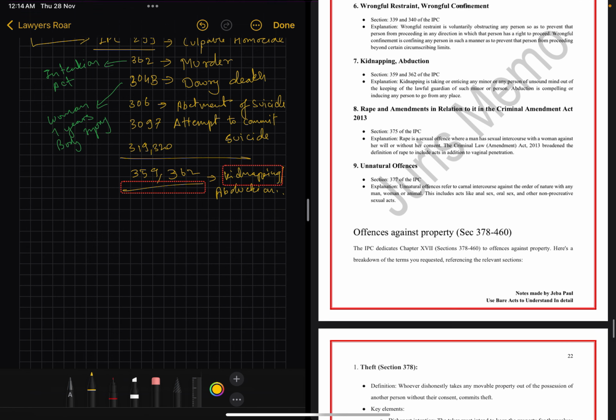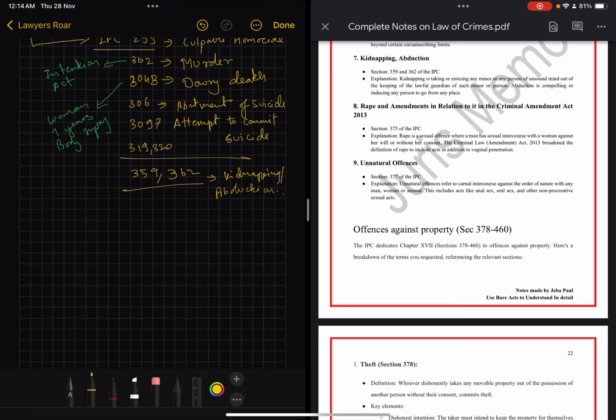Now comes rape. Section 375 deals with rape. Rape is a sexual offense where a man has sexual intercourse with a woman against her will or without her consent.